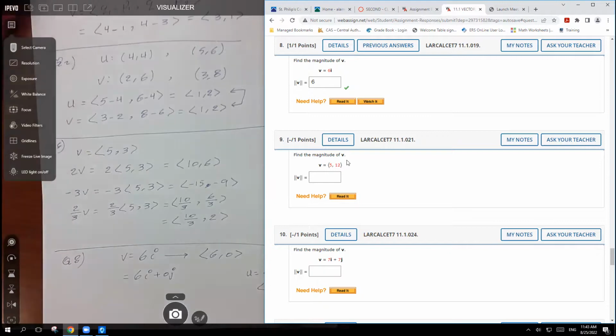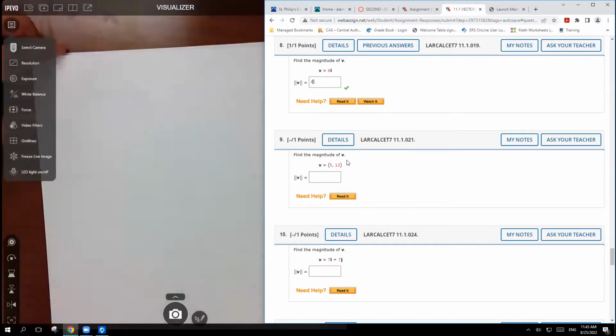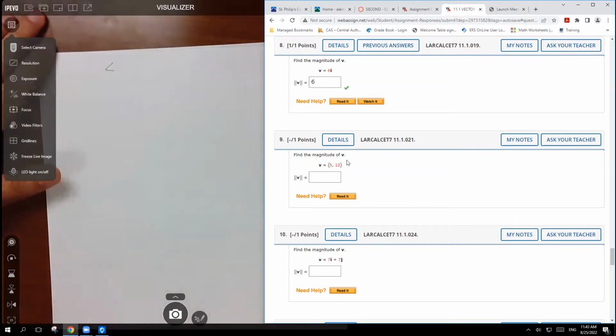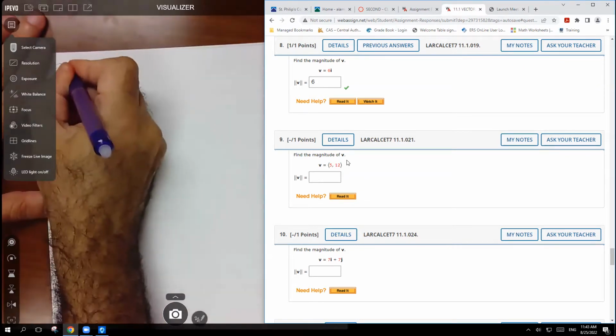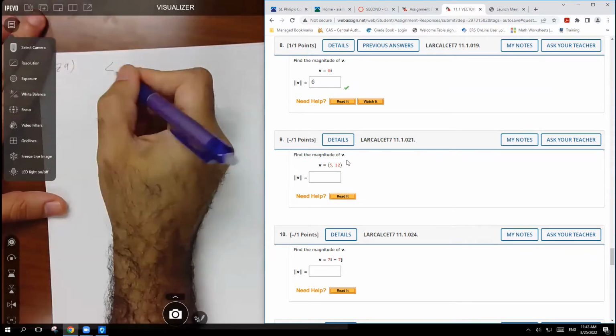Because it's a vector, we don't have to represent it with the point 0, 0. So the vector is 5, 12.